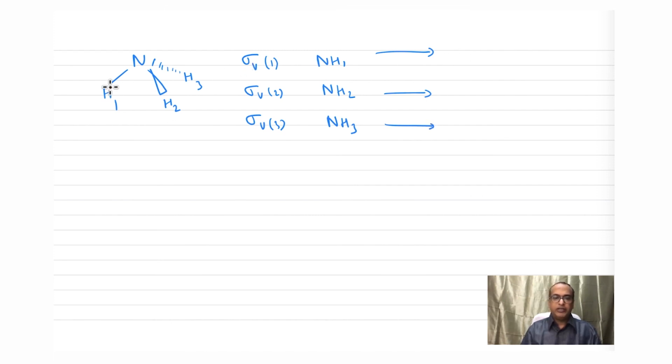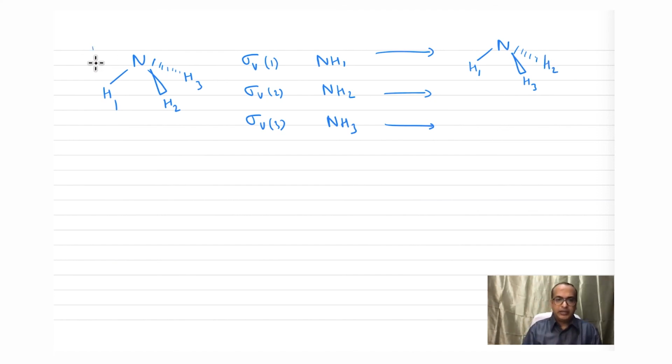If we have sigma V1 passing through NH1, it will be reflecting H2 and H3. So what do we get? NH1 will not change. H2 and H3 will be reflected.